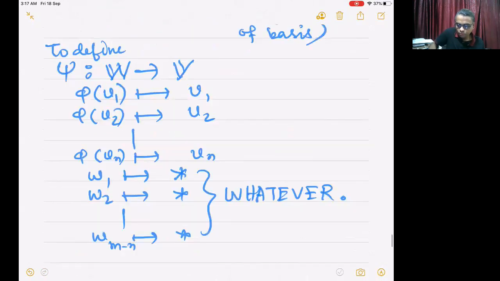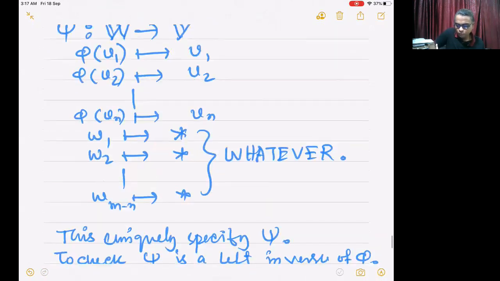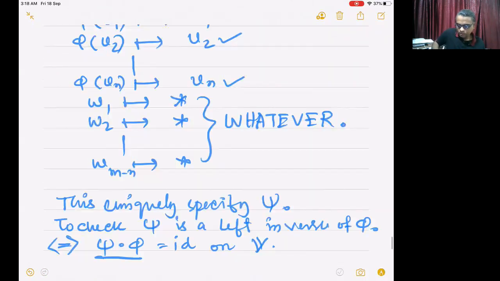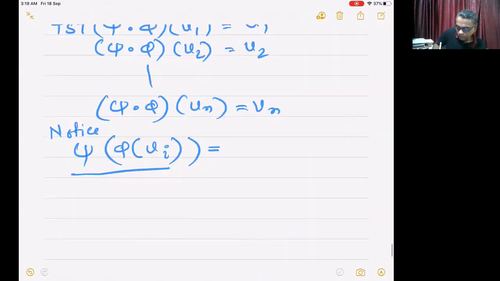Phi V1 goes to V1, phi V2 goes to V2, so on up to phi Vn goes to Vn, which means psi acting on phi Vi is just Vi. Do I have to check anything else? No, because I have to check identity on V, and V is spanned by V1 to Vn. That's it. It's true. So the fact that psi phi is identity is true for every basis vector V1 to Vn. Therefore, we are done.